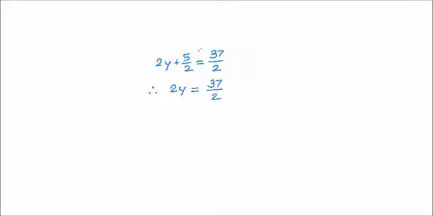Now this 5 by 2 which moves that side changes its sign, becomes the opposite operation. Addition becomes subtraction, so here minus 5 upon 2. Therefore 2y is equal to, the denominator is the same so it remains as it is, 37 minus 5 is 32, so 2y is equal to 16.